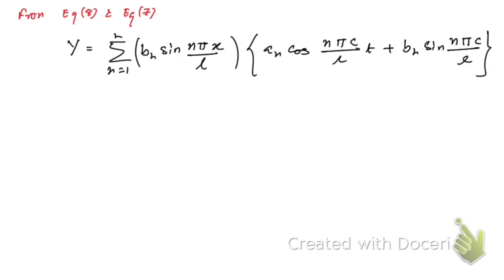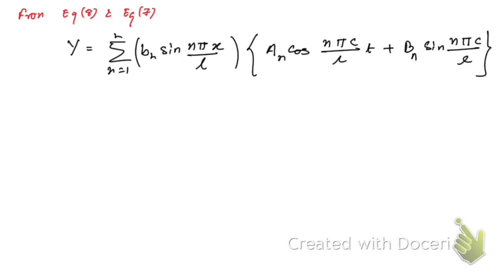So let me use here capital A and capital B n. Okay, so let me use here capital B, and these are arbitrary constants. So I have used capital so that you will not be confused with this small bn.